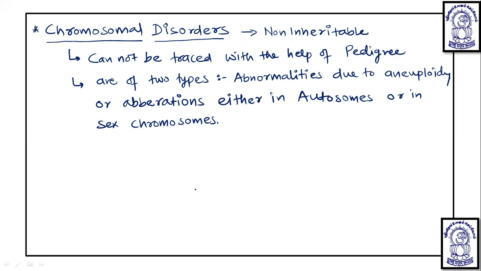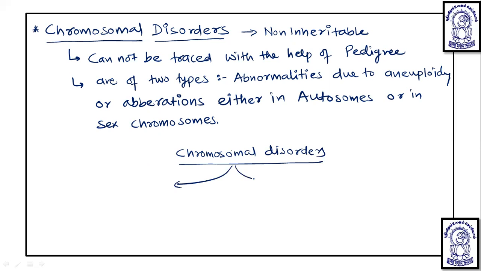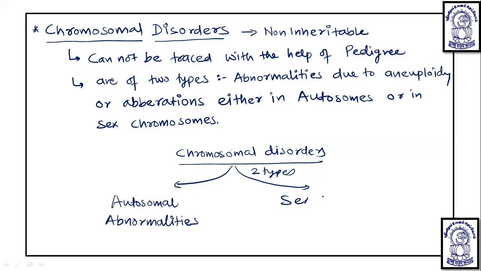So these are the chromosomal disorders. Based on this, they are of two types: autosomal abnormalities and sex chromosomal abnormalities.